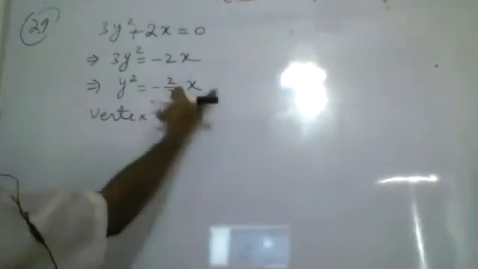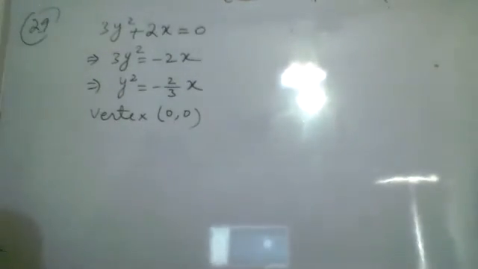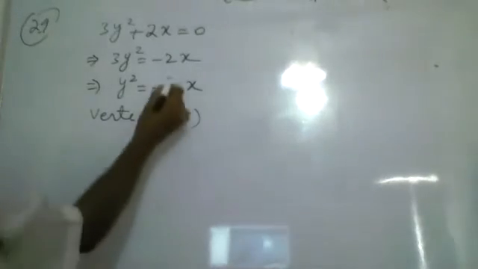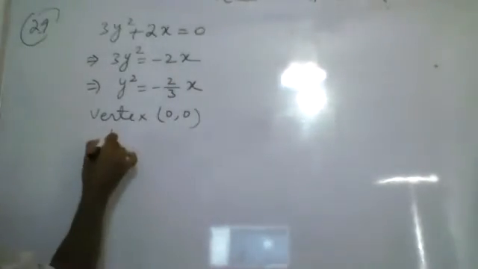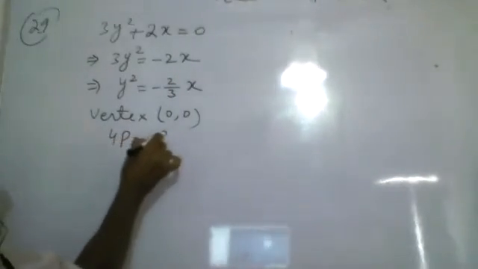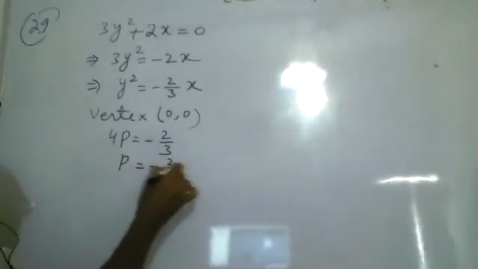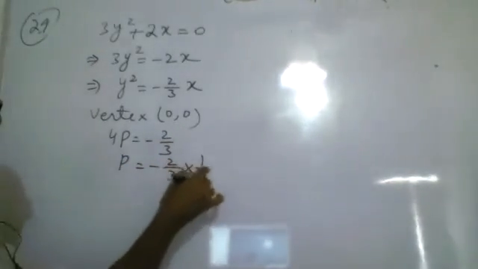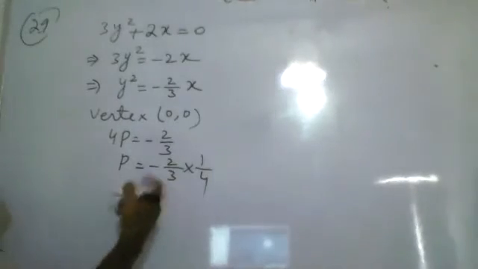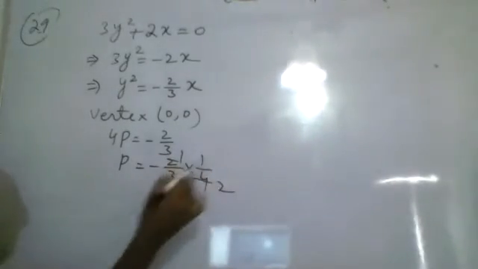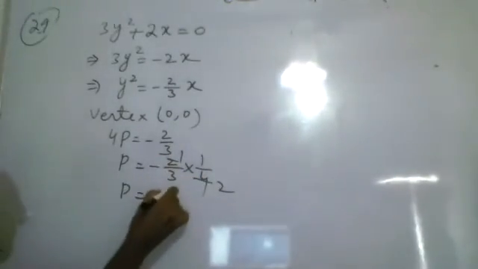Here it will be 0, here it will be 0. Vertex will be at the origin. And this is the value of 4p. 4p is equal to minus 2 upon 3. So p will be equal to minus 2 upon 3 divided by 4. So 4 goes here, 1 upon 4. So p will become minus 1 upon 6.